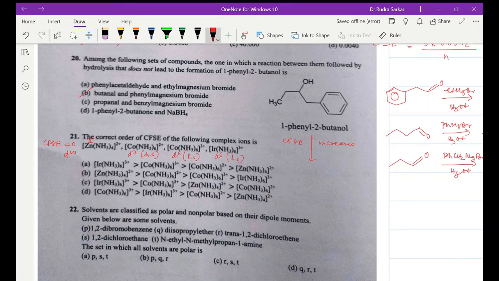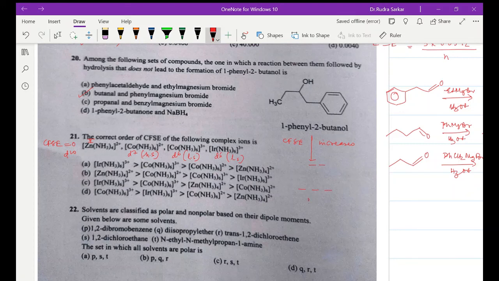And so we will say [Ir(NH3)6]3+ will have a higher value than [Co(NH3)6]3+. So if we check, out of A or C, one will be the correct option. Now octahedral complexes we know are always greater than tetrahedral complexes. Now let's find out.